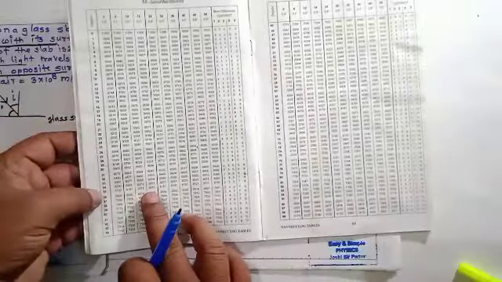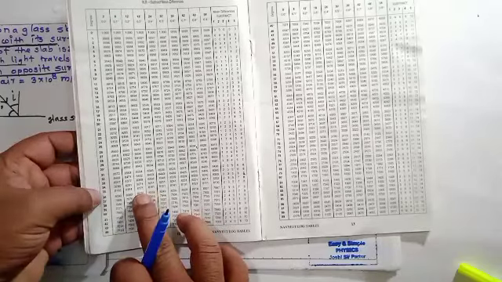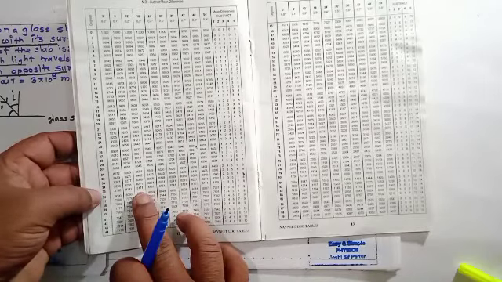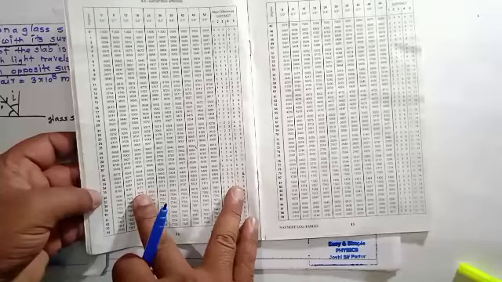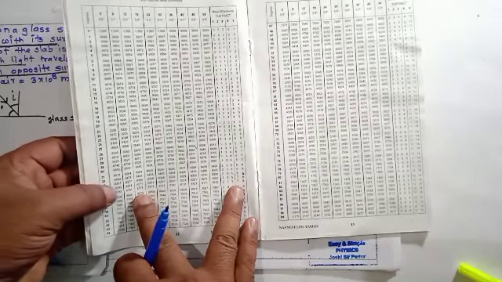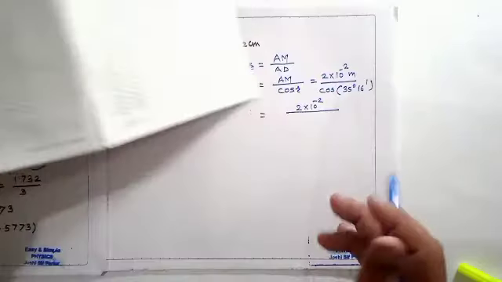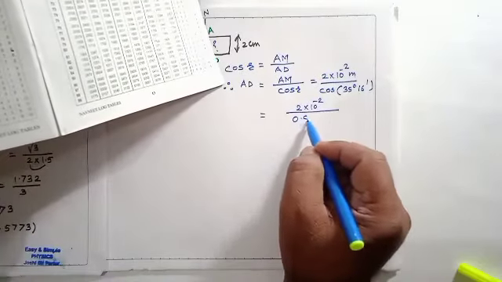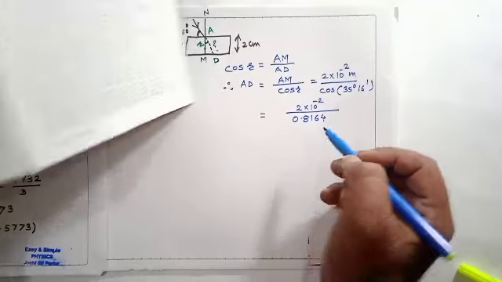First of all, we have seen 35 degree 12 minute, that is 0.8171, and for 4 minute that will be 7. If 7 is subtracted from 71, it is 64. So it will be 0.8164.